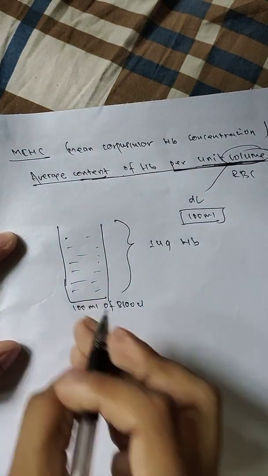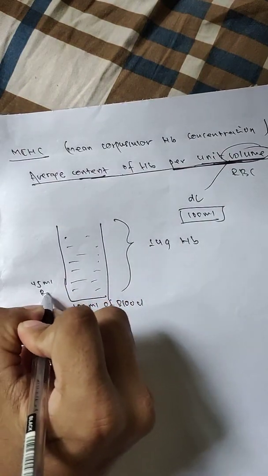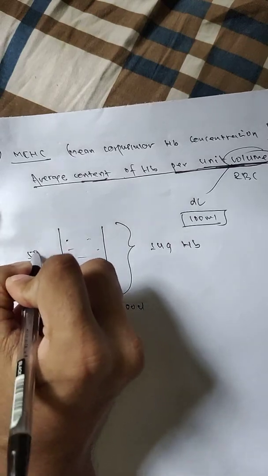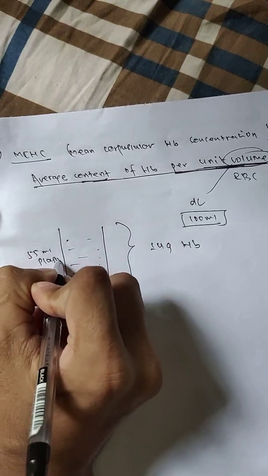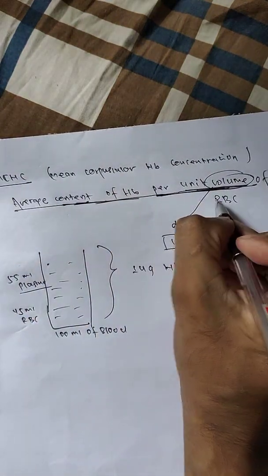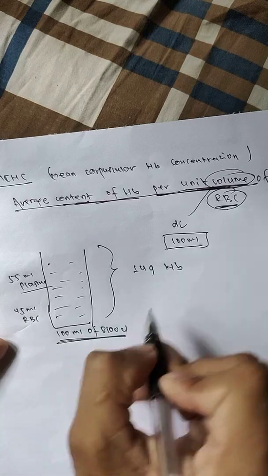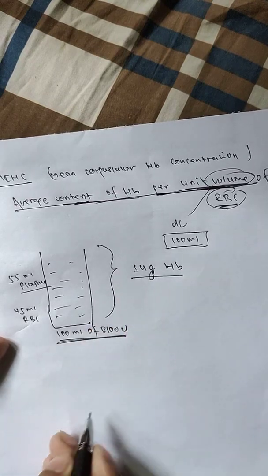It also has 45 ml of RBC and 55 ml of plasma. Our point is the content of hemoglobin per unit volume of not the blood, but the RBC.